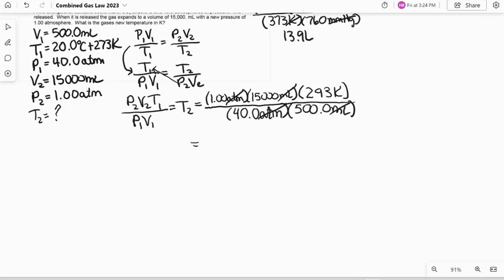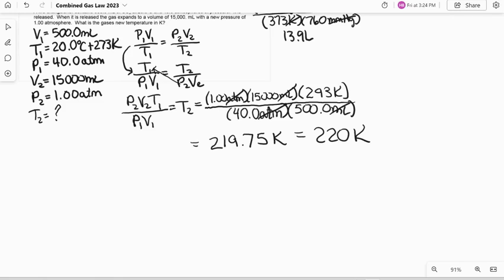So now I'm going to multiply across the top. So it's 15,000 times 293 and divided by parentheses 40 times 500.0. And I get an answer of 219.75 K. If we were going to round to 3 sig figs, that would be 220 K. If you want to know what that is in Celsius, all you have to do is subtract 273 from that.